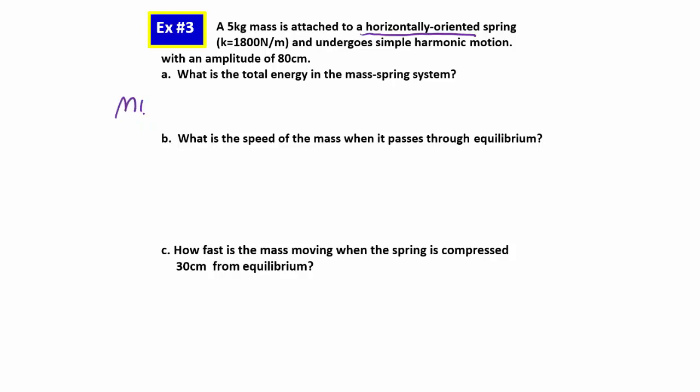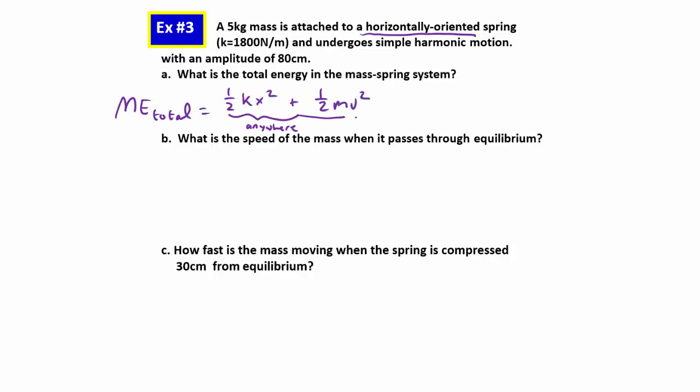Okay, so I have a horizontally situated spring, and we're going to ignore friction unless the problem tells us that it's there. So that means anywhere on the spring I have possible potential energy if it's stretched at all, and I also have possible kinetic energy if it happens to be moving at all.